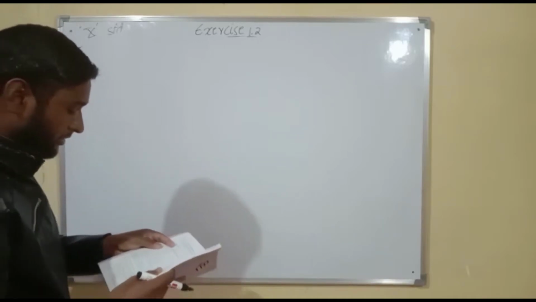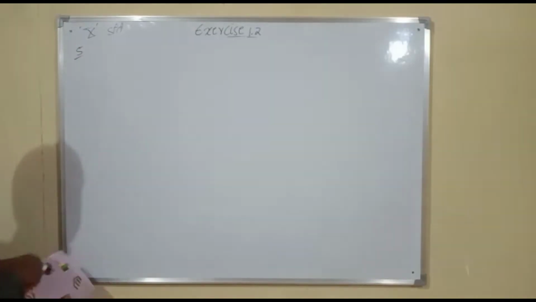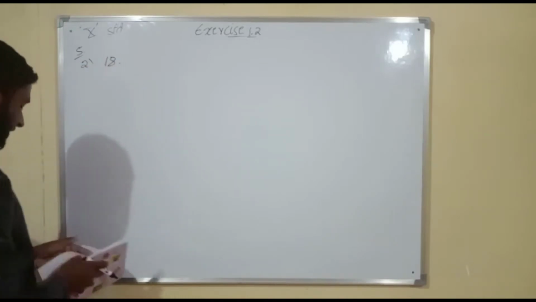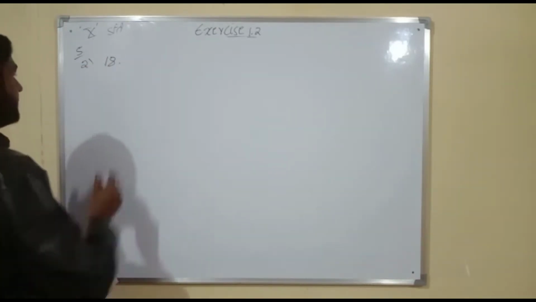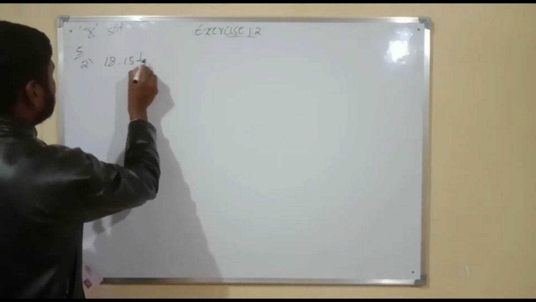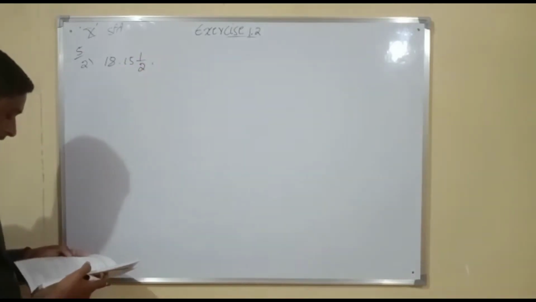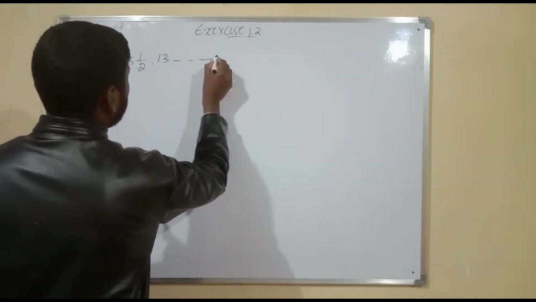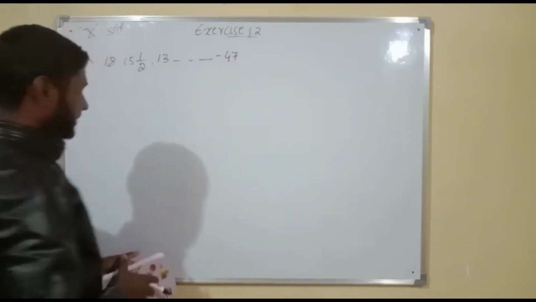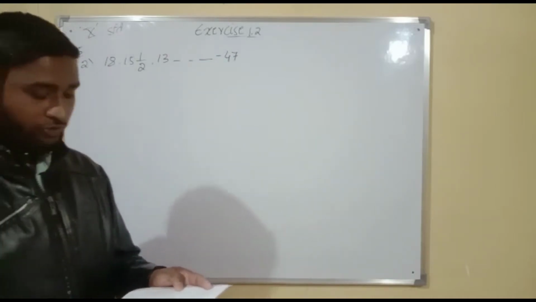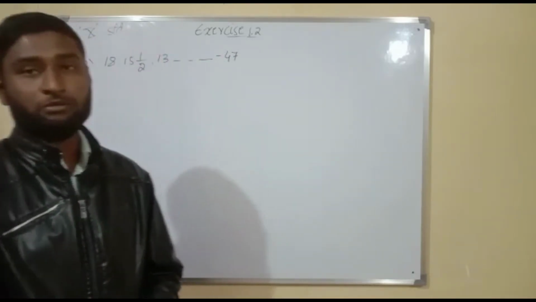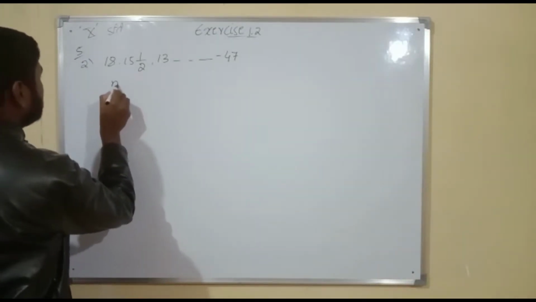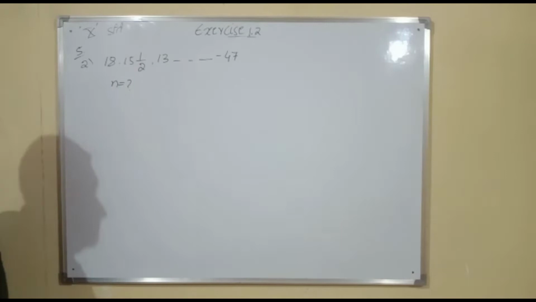The second arithmetic progression is given as 18, 15 and 1/2, 13, and so on up to minus 47. Here we are asked to find the number of terms.